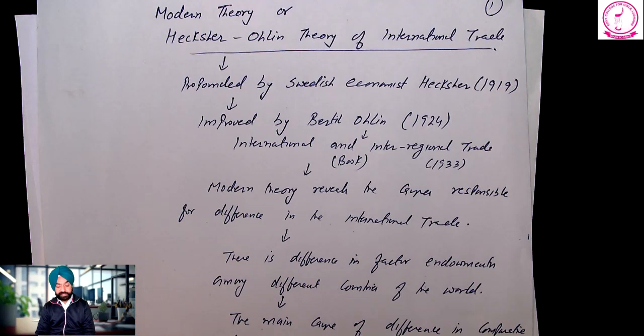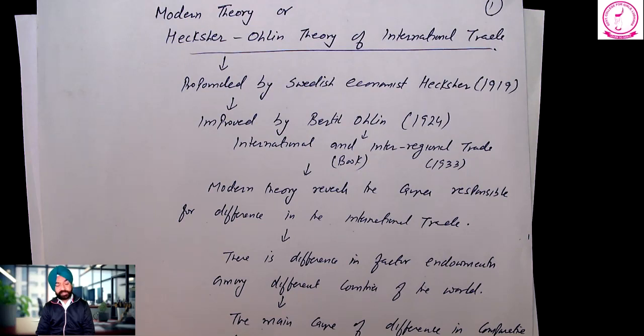So for this, there is a modern theory known as the Heckscher-Ohlin theory of international trade, which reveals the causes responsible for differences in international trade. Today we will discuss this important modern theory, which was propounded by the Swedish economist Heckscher in 1919.